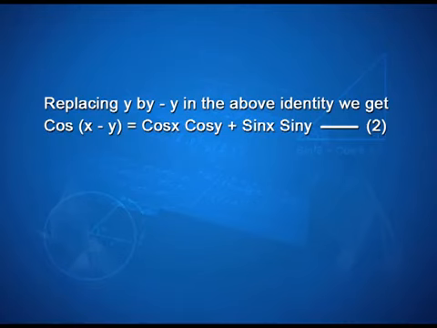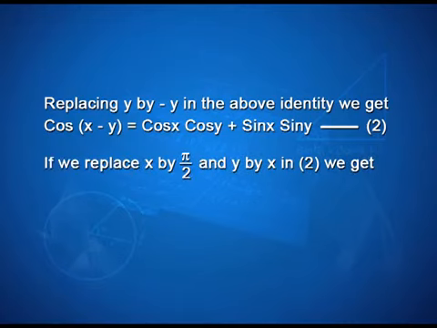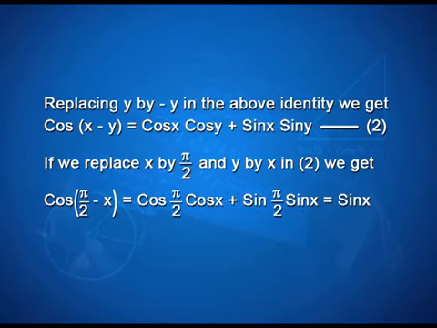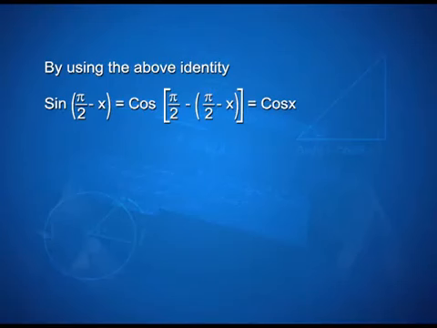For the next identity, if we replace x by pi by 2 and y by x in the second equation, we get the identity cos of pi by 2 minus x is equal to cos pi by 2 into cos x plus sin pi by 2 into sin x, which can be written as sin of x. By using the above identity, sin of pi by 2 minus x is equal to cos of pi by 2 minus pi by 2 minus x, which again can be simplified as cos of x.